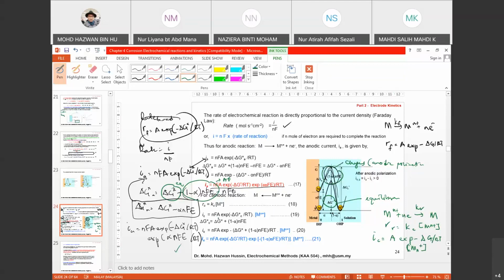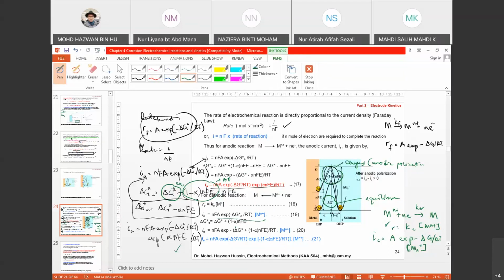So you notice over here, the only difference is that for anodic, we didn't account for M, because as I said, M is metal, and metal doesn't have concentration. But for the reverse reaction, you have ions, so you can account for this. This part is the same as this one, except that it is multiplied with the product, in this case Mn plus.